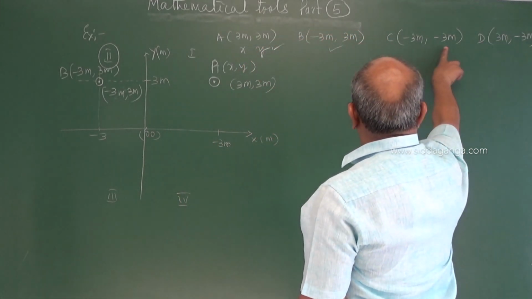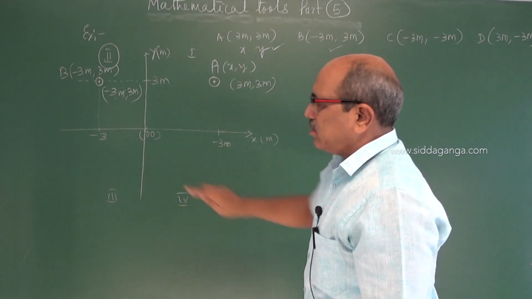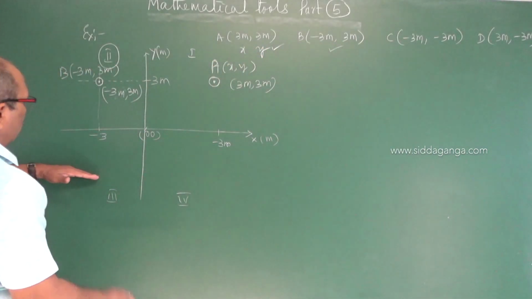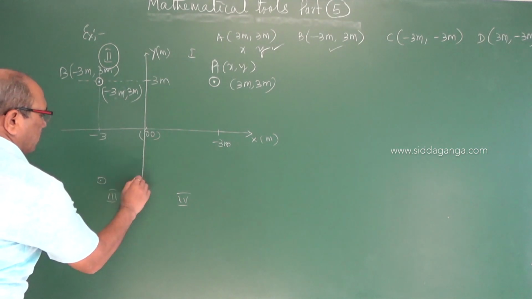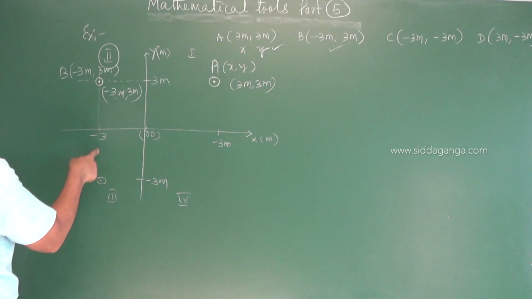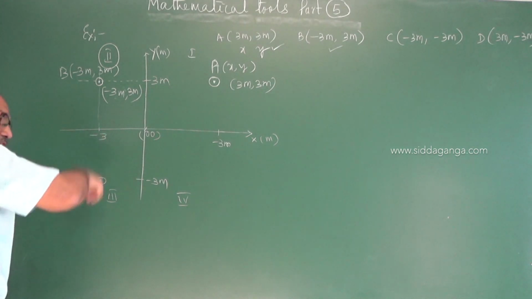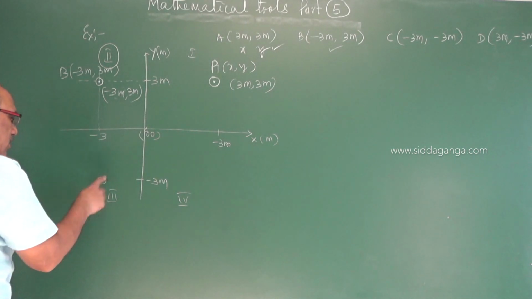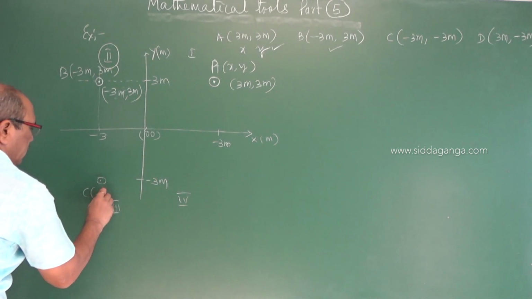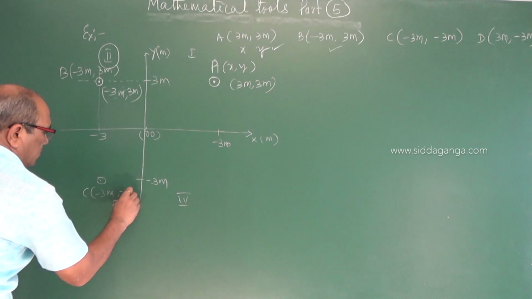When you come to point C, both are negative, so we must be in the third quadrant. Similarly, moving to get the x, we come here as minus 3 meter x component. To get the y component, we have to come vertically down, and we got C as minus 3 meter and minus 3 meter.